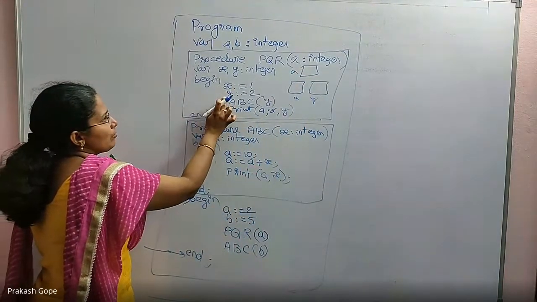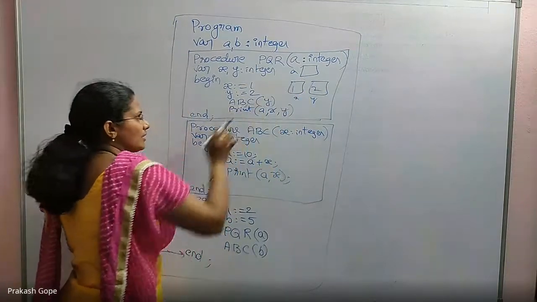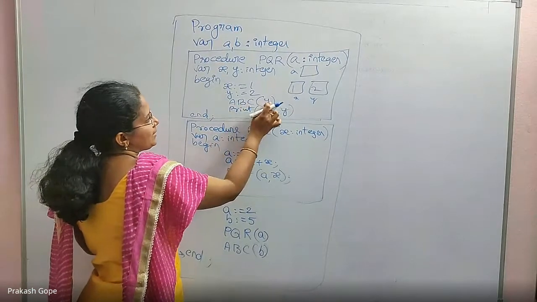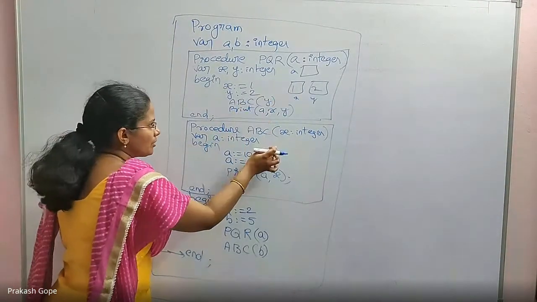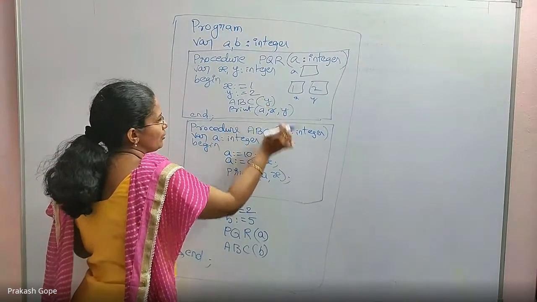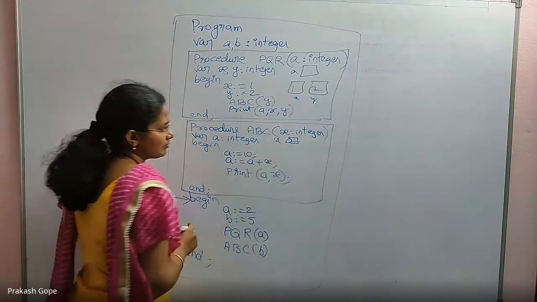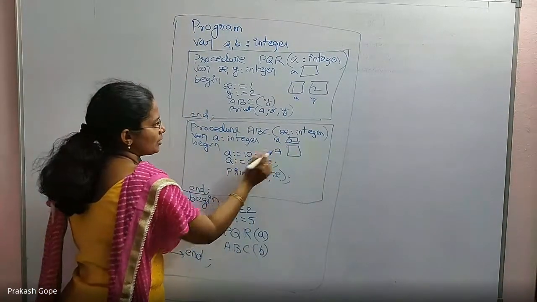Now, x equal to 1, y equal to 2 means local x and local y. I have them, so I will assign the values for the locals. Then I call ABC of y. When I come to ABC of y with y value 2, I will copy this 2 to this x. And then there is a local variable A declared, initialized to 10.